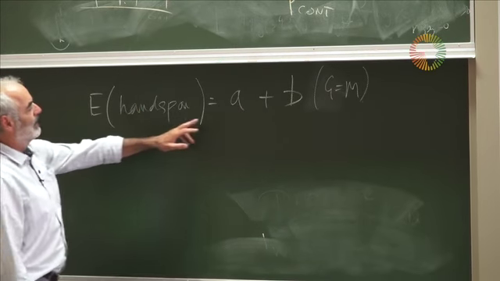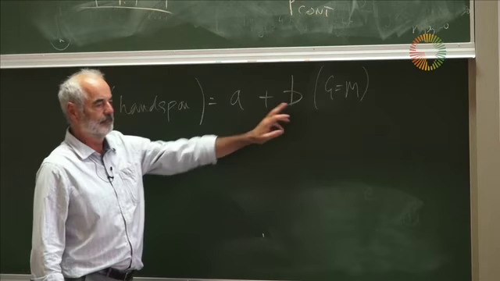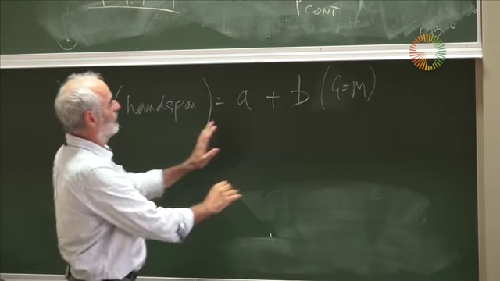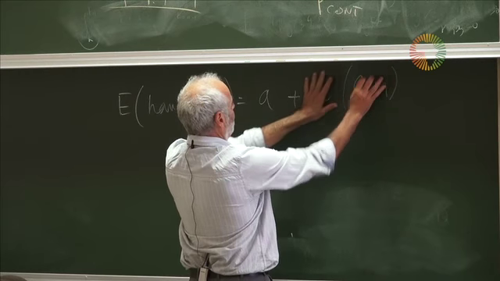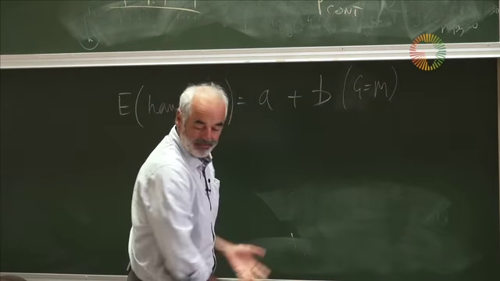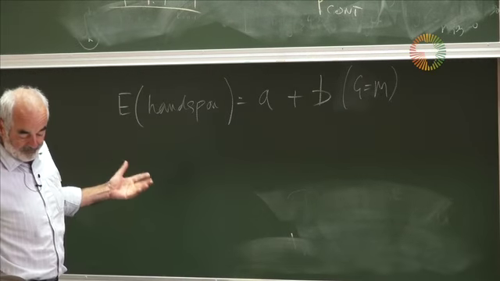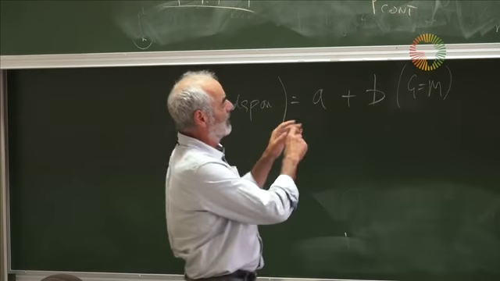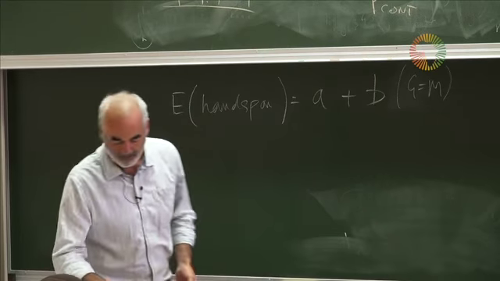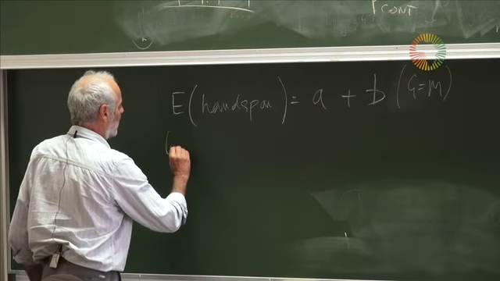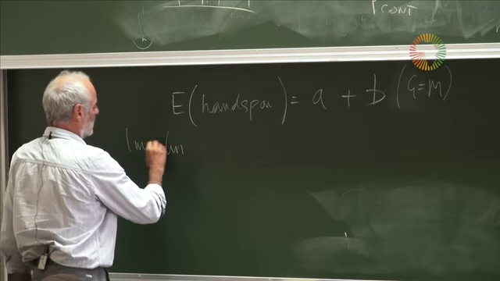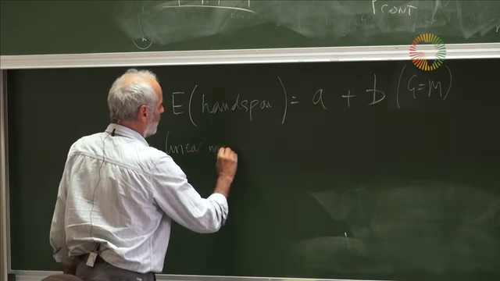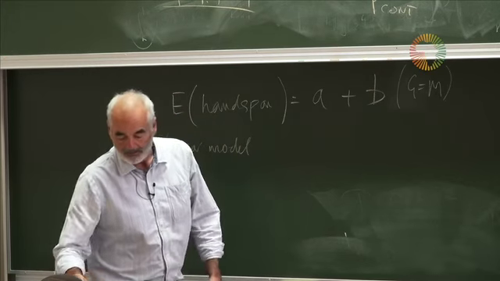So B is the effect of being male. For females, that's their average handspan, and for males, it's that. And that's the model that the function lm fits. It just fits a linear model. That's what lm stands for, linear model, meaning it's just additive.